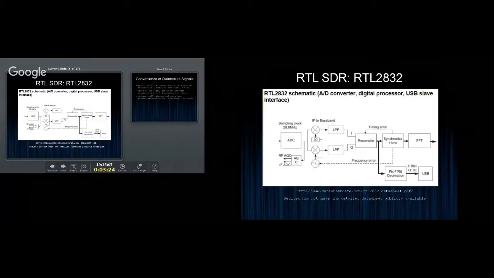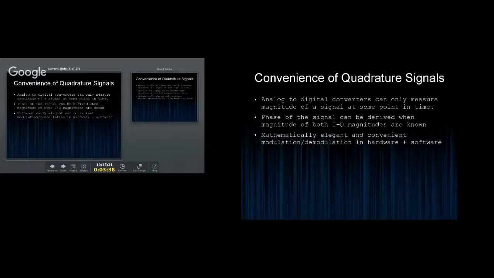But there are a variety of different ways of doing this. There are some alternative chips that digitize only the in-phase and the quadrature components separately. Like I said before, when you digitize an analog signal, you can only look at the magnitude, at some single point in time.